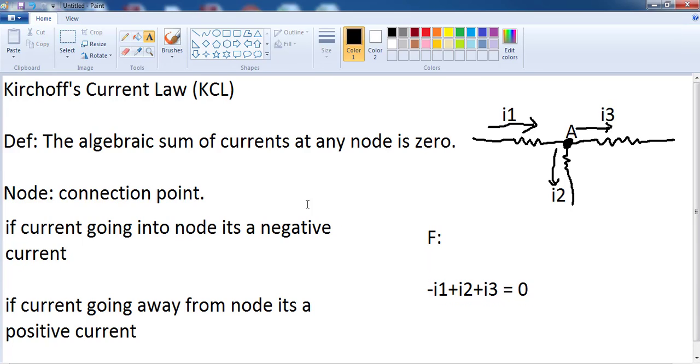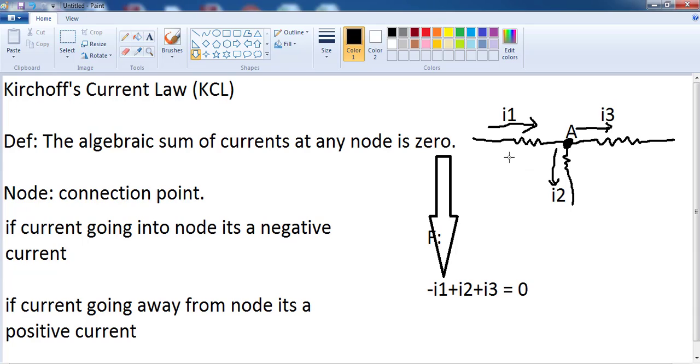Now this definition, we can call this proving, right? So the algebraic sum of currents at any node is 0. The algebraic sum of these three currents: minus I1 plus I2 plus I3 is equal to 0. Means the sum of I2 and I3 is equal to I1.